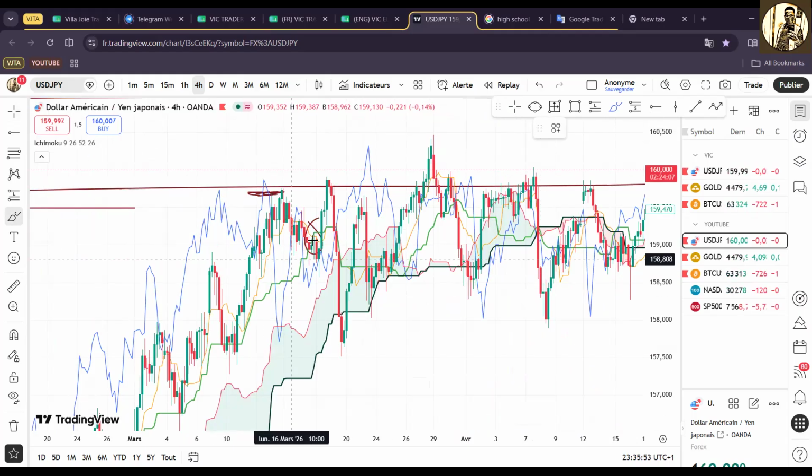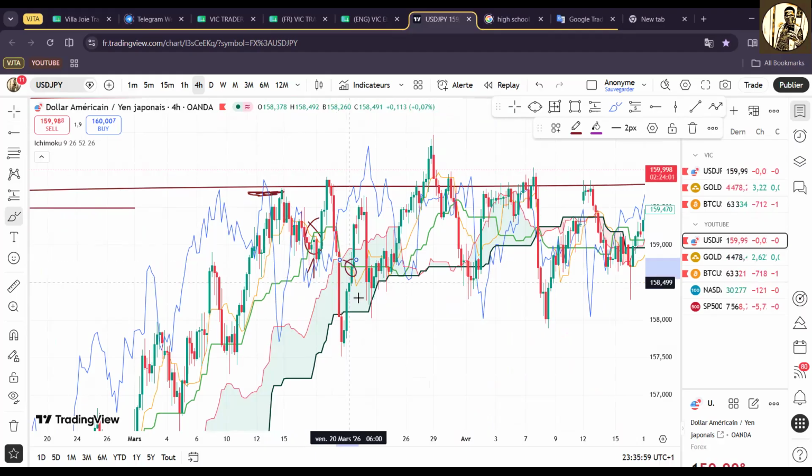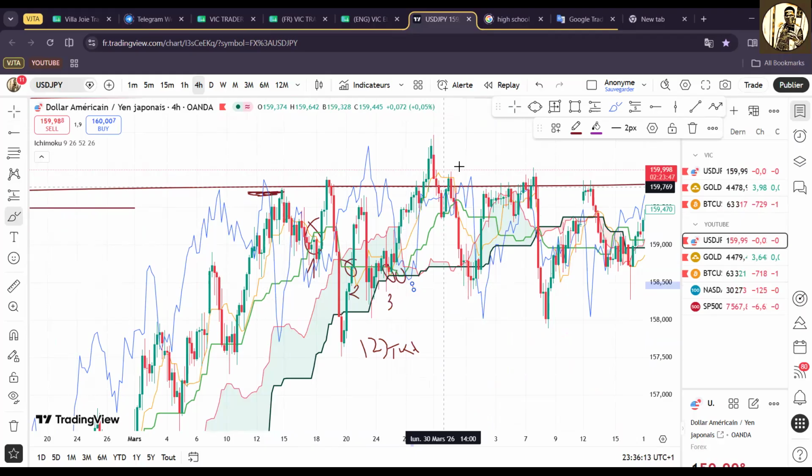Then it bends up, went below Kijun and created the TK cross one time. Then the second time here, and then the third time here, right? You already have a 1-2-3 TK cross. And KSB bends down one time here. Then the price went back above. And then you had again one TK cross here. And then you have one KSB at this level.